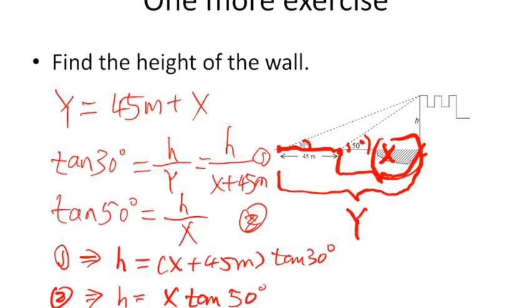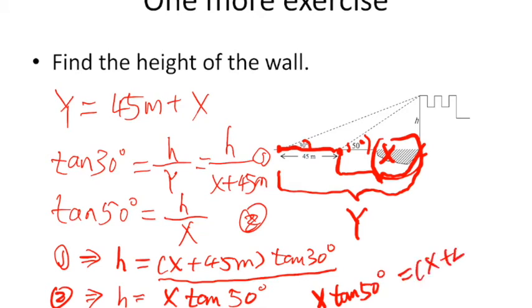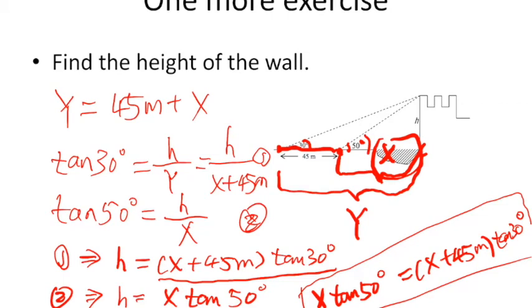You find they are both h, so they should be equal. So you have one equation, x tan 50 degrees equals x plus 45 meters times tan 30 degrees, with one unknown variable, x. So you can solve for it and find x.